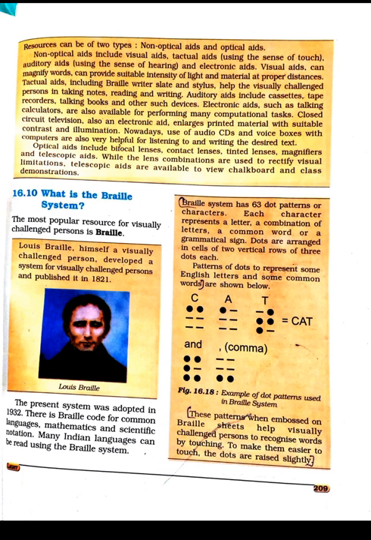Each character represents a letter, a combination of letters, a common word, or a grammatical sign. These patterns, when embossed on Braille sheets, help visually challenged persons to recognize words by touching. The present system was adopted in 1932. Many Indian languages can be read using the Braille system.